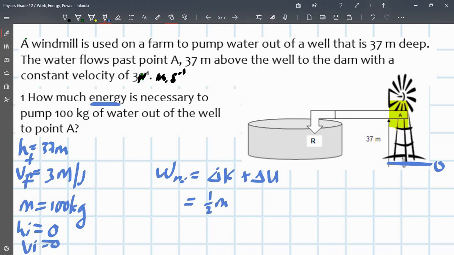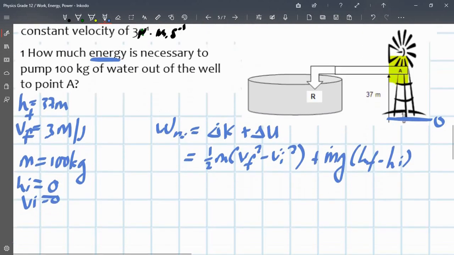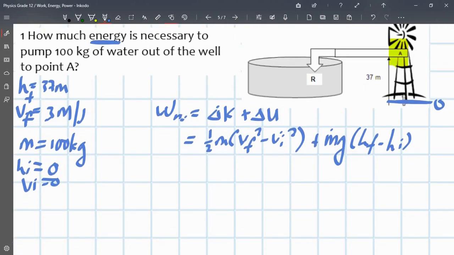So this is half m, final velocity squared minus initial velocity squared, plus mass times gravity times final height minus initial height. Now we just have to plug in the necessary values.